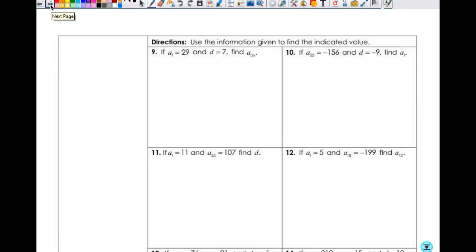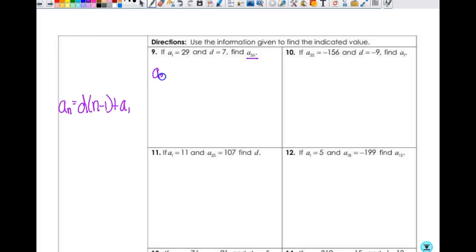Now, we're going to do a few of these back here because they're all asking you for different things. It says use the information given to find the indicated value. So I'm going to rewrite our rule over here. It is AN equals D times n minus 1 plus A1. Okay, just so that we have it there. In this case, it doesn't ask me for an actual rule or anything like that. I only want A36.